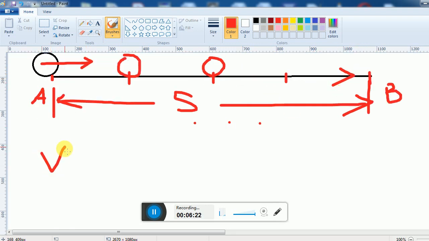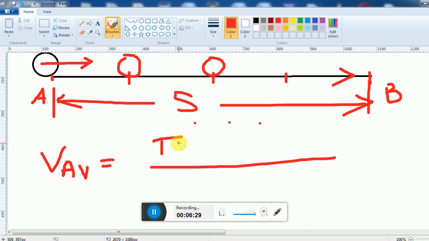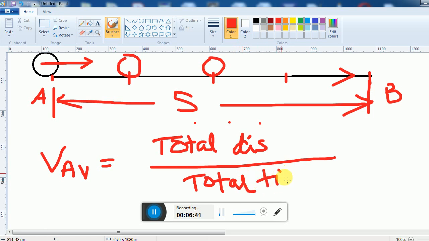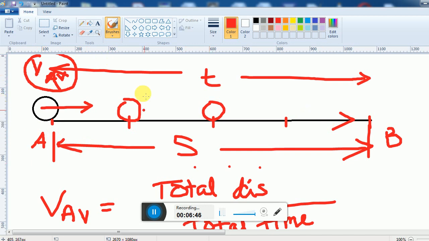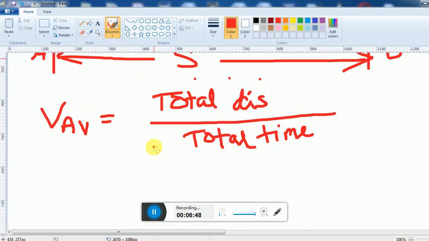So V average is equal to total displacement by total time. That is the average velocity. Remember, direction is there, that is why it is velocity. So total displacement by total time is known as the average velocity.